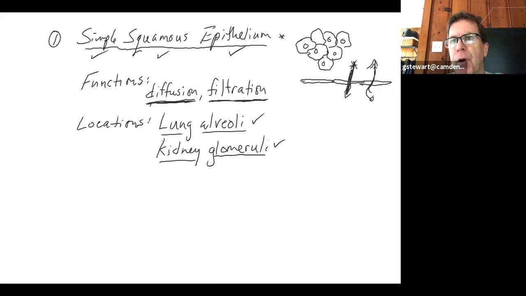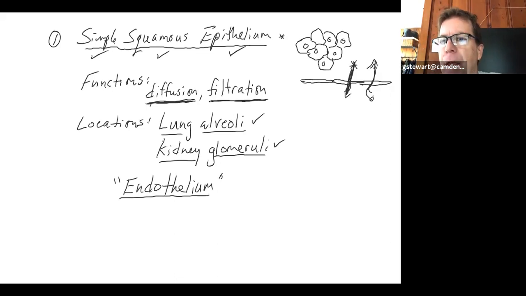Another example of simple squamous epithelium, before I move on to the next specific example, endothelium. If you see this word, or you hear me say it, or you read this word, it's basically the same thing as epithelium, only it specifically refers to something that lines a surface. So it's a thin, simple layer of squamous cells that line a surface.